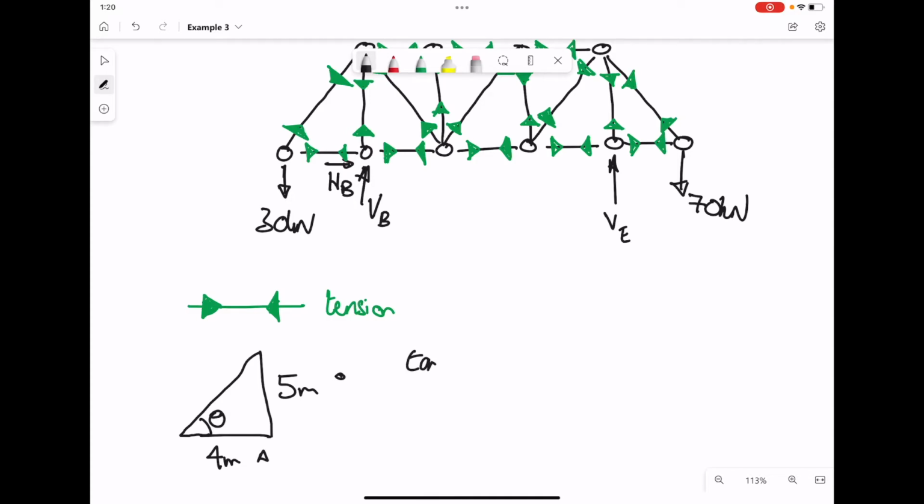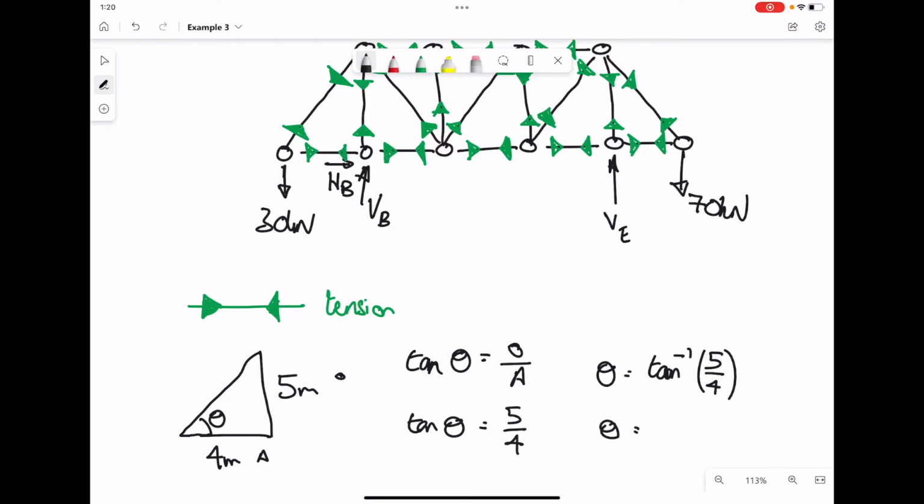So the tan of an angle is equal to the length of the opposite divided by the adjacent. Tan of our angle is equal to 5 divided by 4, our angle is equal to the inverse tan of 5 over 4, and it gives us our angle to be 51.34 degrees.